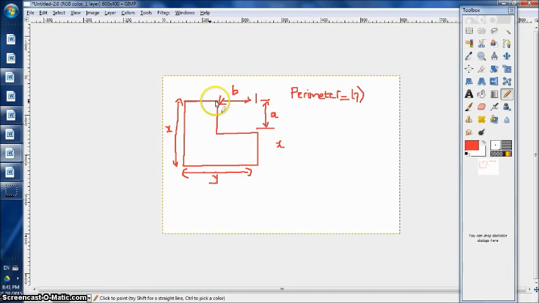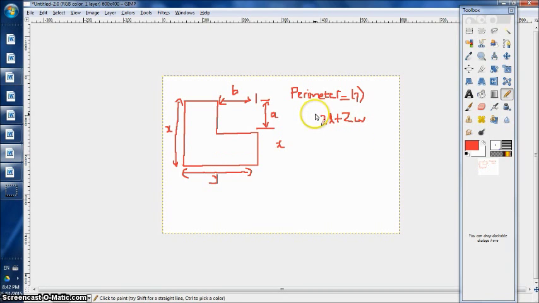To start off with, I start from here, so I have my X. Again, my perimeter is this outside space over here. In a regular case, the perimeter of a rectangle would be 2L plus 2W, 2 times length plus 2 times width.